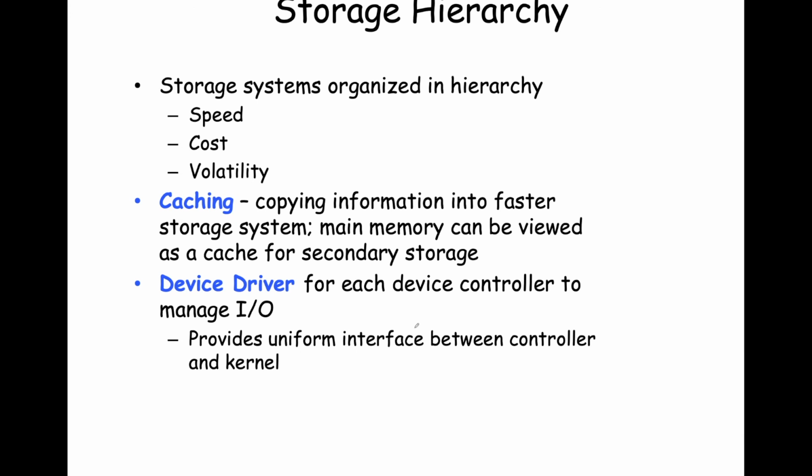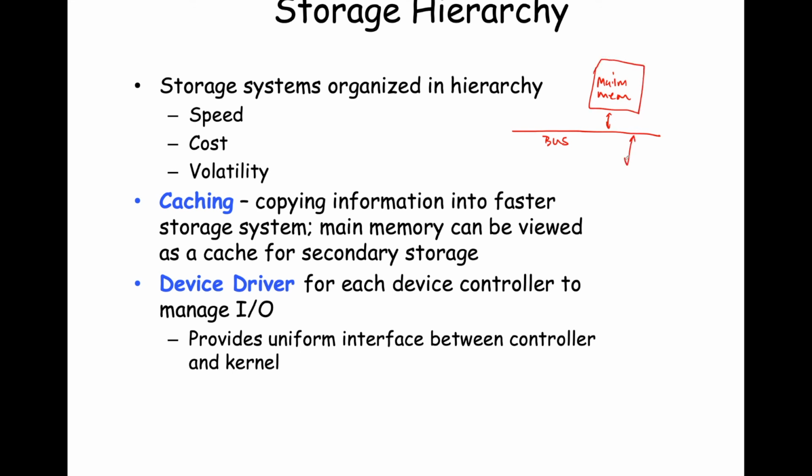And so caching is formally defined as the copying of information into the faster storage system in order to get a performance improvement. If we think about it, main memory in a von Neumann architecture acts like a caching system for secondary storage. So remember, in your von Neumann architecture, you have your bus, and you have your main memory, and this main memory is fast and it's random access.